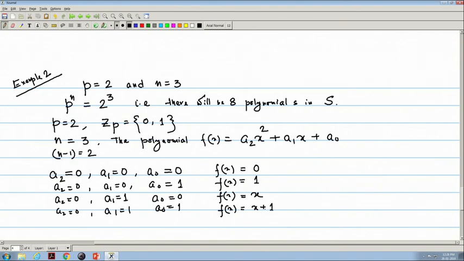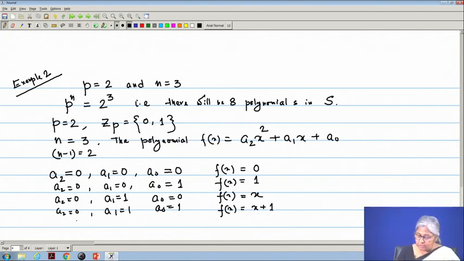So, now we have done all of this for a2 equal to 0.